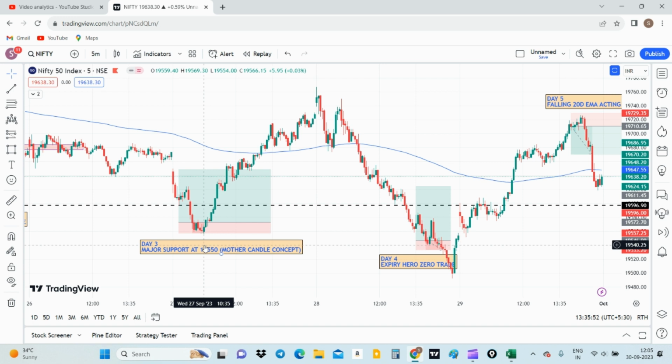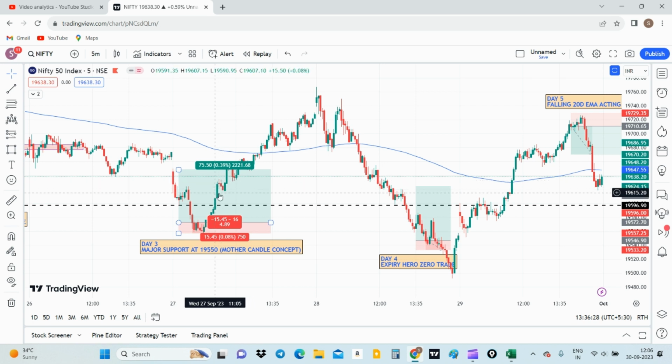With that mother candle theory, I started making a major entry around 19,560, 570 odd levels, even though I knew that the support was around 550. My stop loss was way below that, around 19,530 to 535. We saw a sharp rally almost to 19,650, and a consolidation till 19,627.